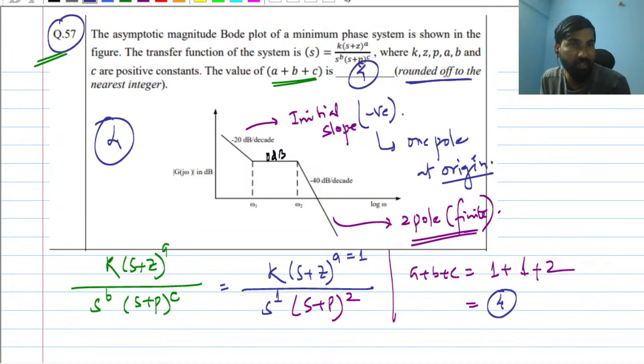A negative initial slope you will get when there is a pole at origin, and a positive initial slope you will get when there is a zero at origin. Depending upon the slope, minus 20 dB means there is one pole at origin. If there is minus 40 dB, you may say there are two poles at origin. Like this you have to calculate.